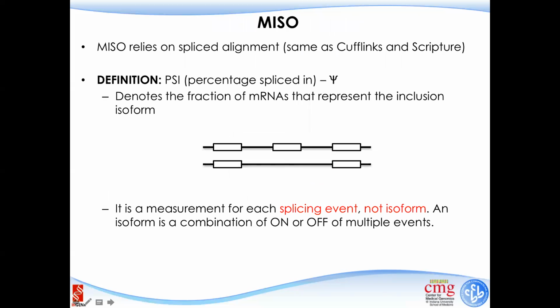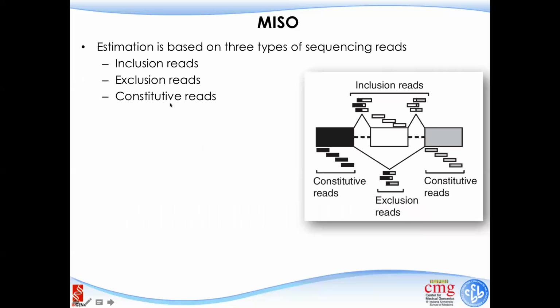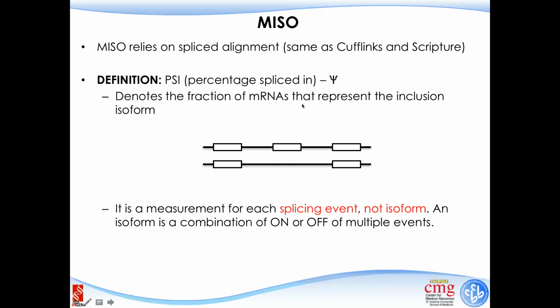MISO relies on spliced alignment, still an alignment-based method, and here we introduce the definition of the term PSI, percentage spliced in. It denotes the fraction of mRNAs that represent the inclusion isoform.